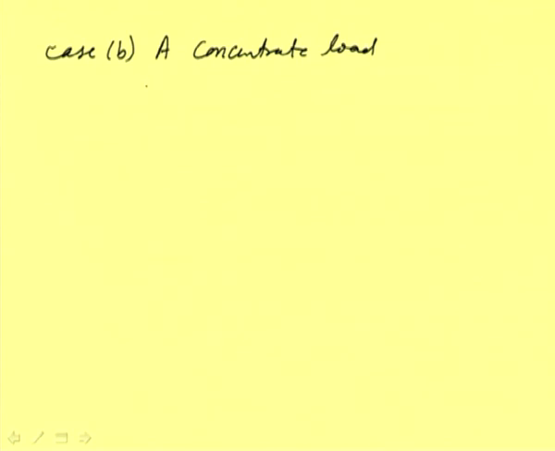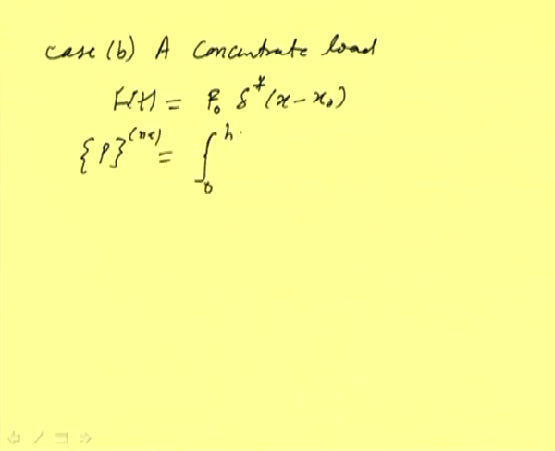So for concentrated load, F(x) is given as F naught times delta of x minus x naught, and the P vector is given as integration 0 to H of F naught, this is the F naught, the Dirac delta function, and N.